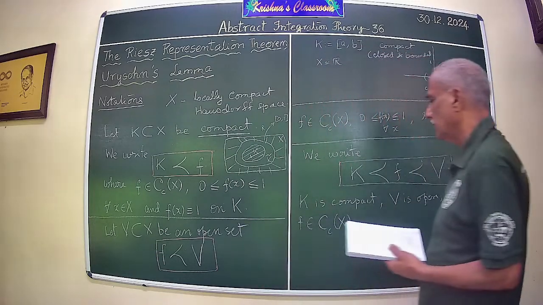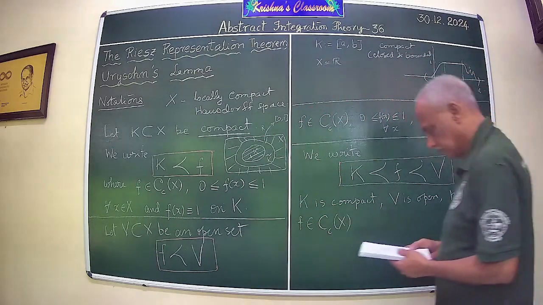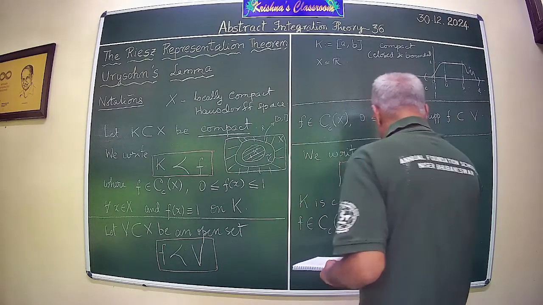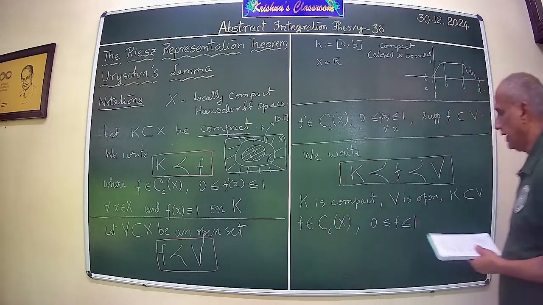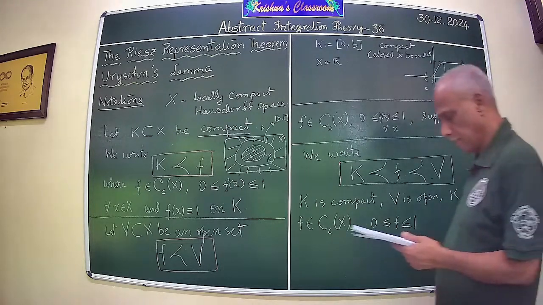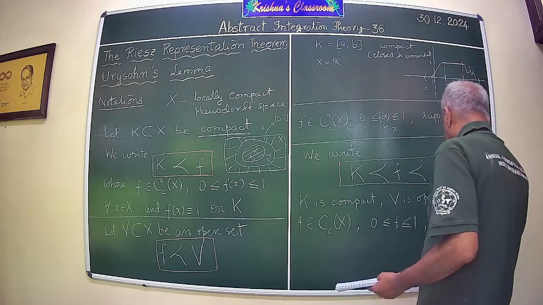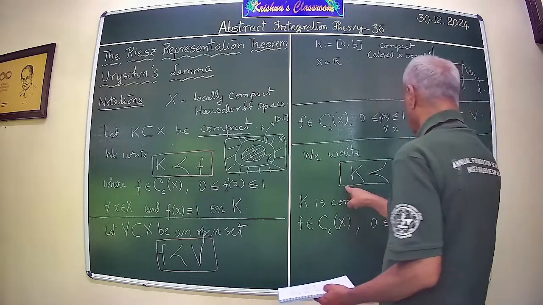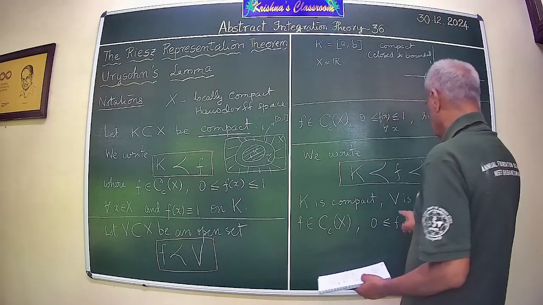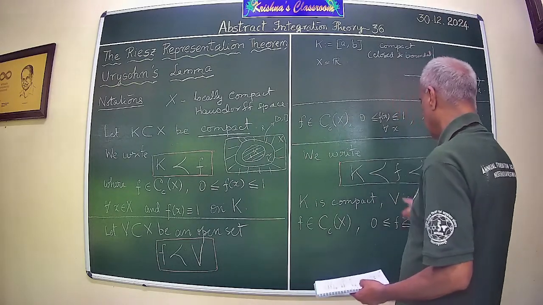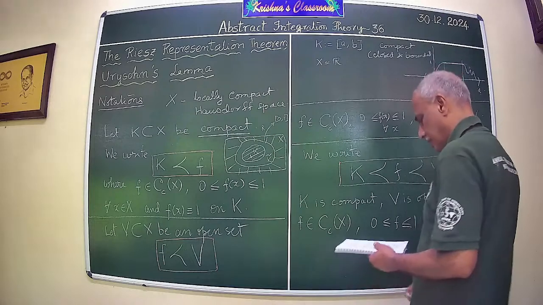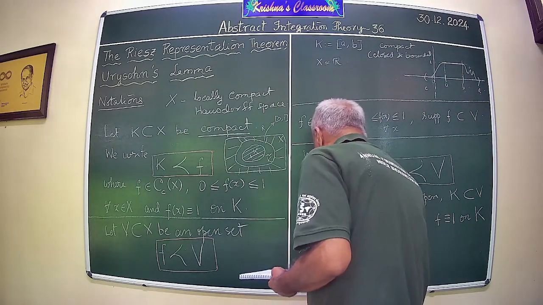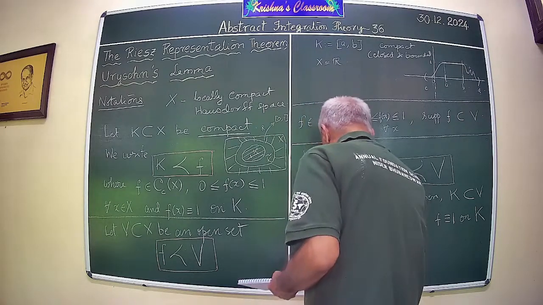It's a continuous function with compact support on X, F takes values between 0 and 1, and F is identically equal to 1 on K. Now this takes care of this part. Some aspects of this part have been written already, and all that you need is that the support of F is contained in V.